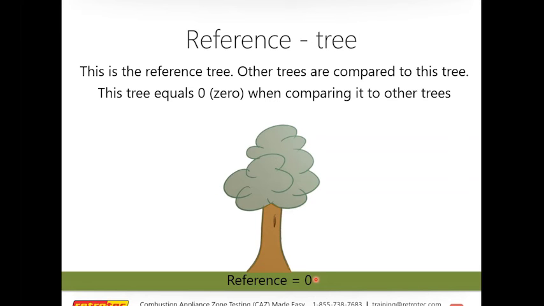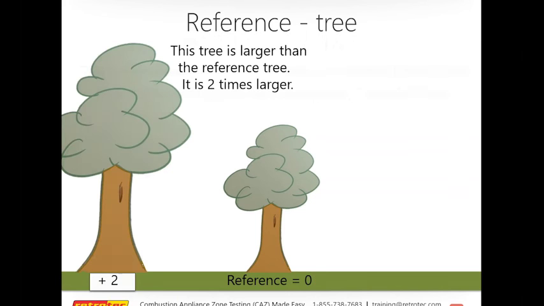Regardless of whether you're using pascals of pressure, inches of water column, inches of mercury, or pressure across a certain area, it doesn't make any difference. It's always going to be 0. So what happens if we have a tree that's larger than the reference source by 2 times?